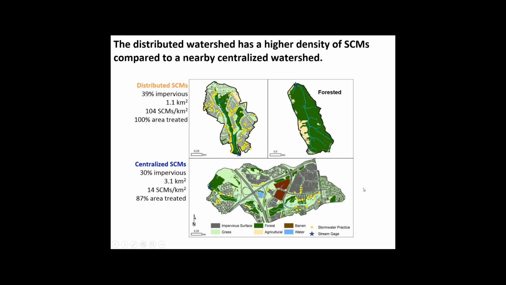Both of these have similar percentage of impervious cover. They're relatively similar in size. They're small watersheds, making a comparison between these three watersheds a good case to look at how stormwater management impacts things like water quality and stream flow.